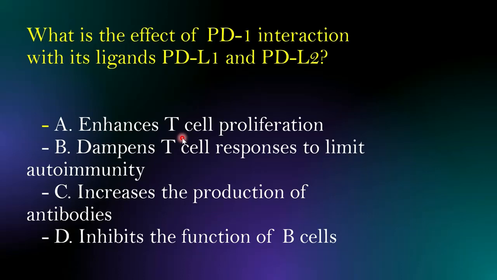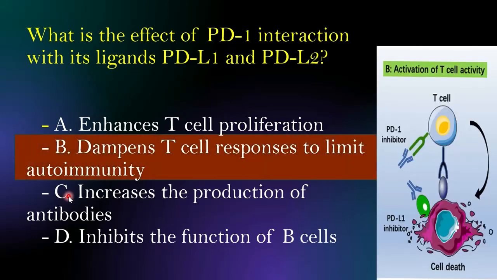What is the effect of PD1 interaction with its ligands PDL1 and PDL2? Inhibits the function of B cells? No, it is regarding T cells. Increases the production of antibodies? No. Enhances T cell proliferation, or dampens the T cell response to limit autoimmunity? The PD1 PDL1 interaction actually dampens the responses of the T cell to limit autoimmunity.